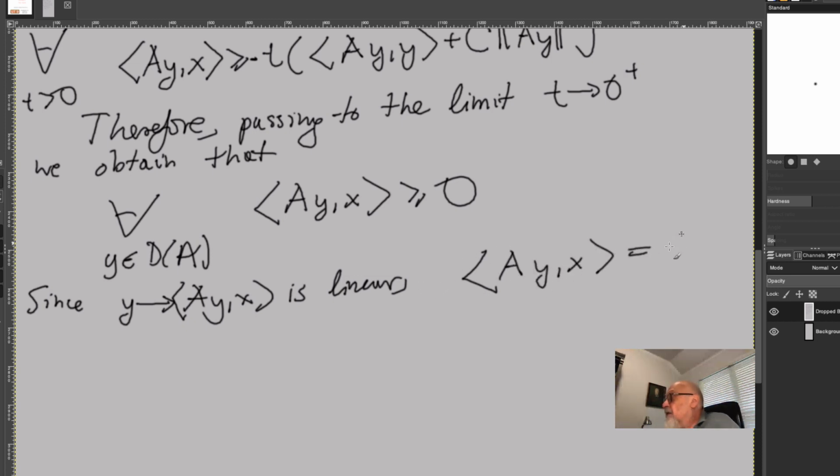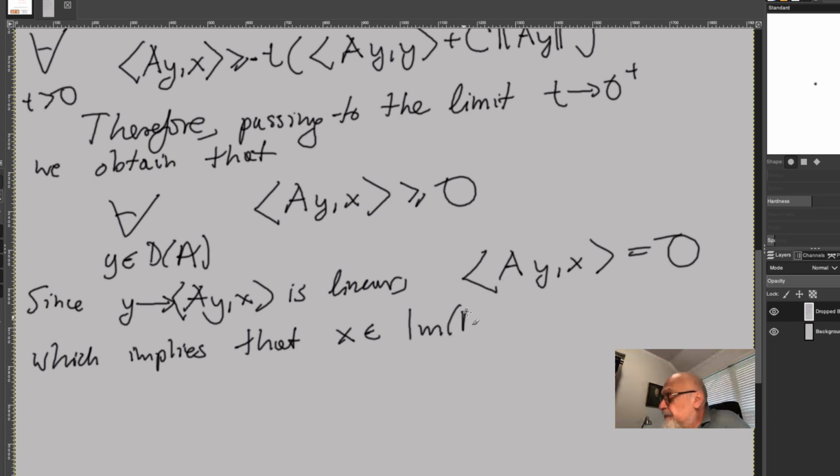Since the image of any linear functional is a subspace, the subspace is bounded if and only if this subspace is the 0 subspace. That means we have ⟨Ay, x⟩ must be equal to 0 for all of them.